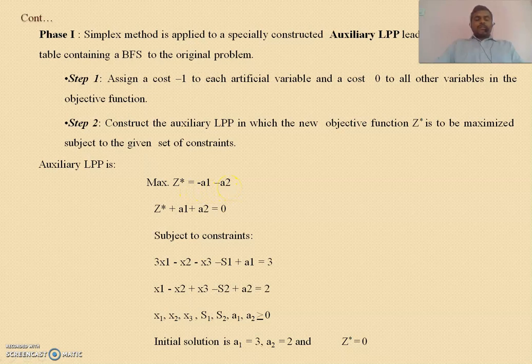Artificial variable signs will be minus in objective function. We are talking about objective function, and these are the constraints. Here initial solutions are a1 equal to 3 and a2 equal to 3, z star equal to 0 by putting x1, x2, x3 equal to 0.